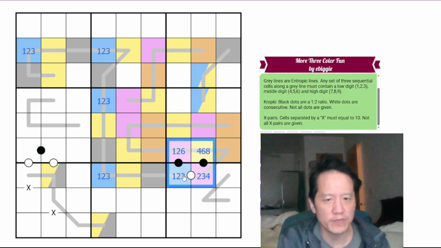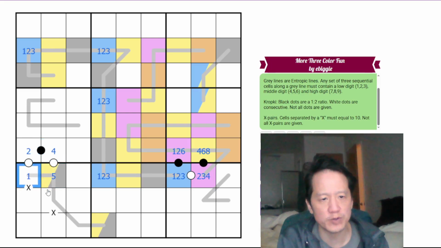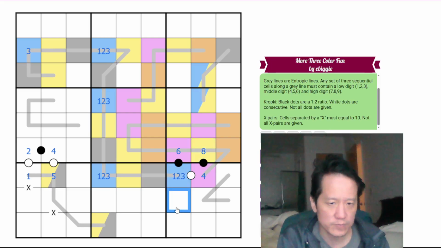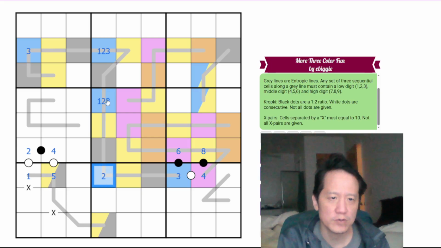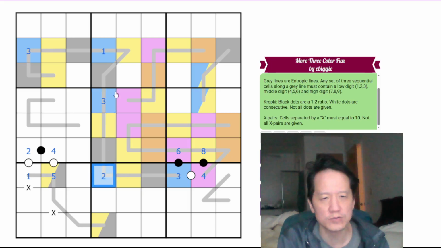So let's go through the possibilities. We only know we can have 2, 4. This would be 5. This would be 1. So therefore, this would be 1, 2, 3. This would have to be 4. This would be 6. This would be 8. So it would have to be 3. This would be 2. So this could not be 2 or 3, which makes that 1. This can't be 1 or 2, so that's 3.